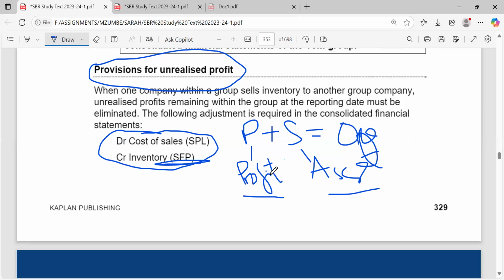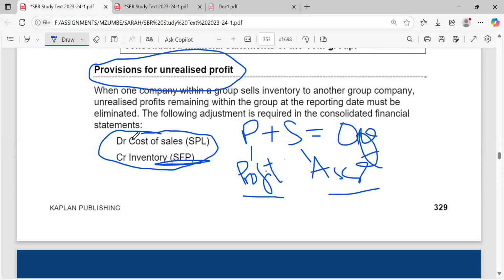And then for the profit, how do we remove the profit? The profit is the result of the income statement, and the income statement has expenses and revenues, right? Since we are going to reduce the profit, it's either we reduce the revenue or we increase the cost of sales. Inventory is part of cost of sales. Cost of sales equals opening inventory plus purchases minus closing inventory.